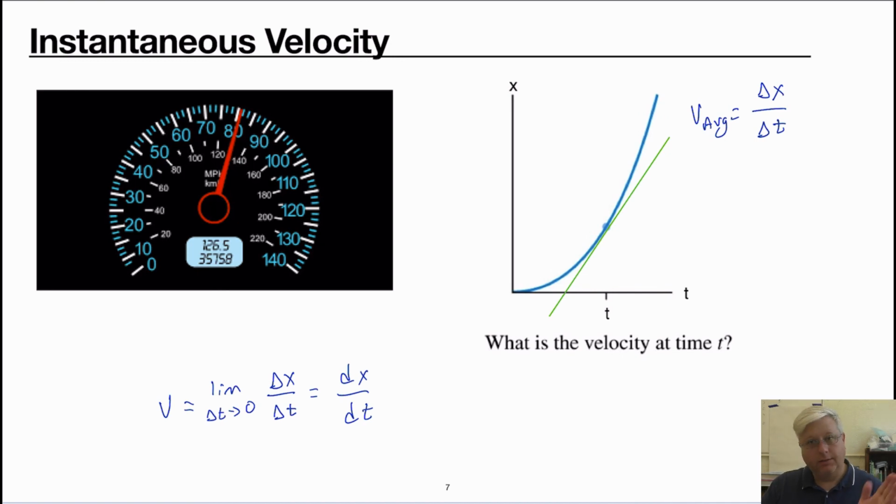Okay, so it's a line that's tangent to the curve at that one point. So the instantaneous velocity at this time t is the slope of that line that's tangent to the point on that graph. So these are probably things that you learned first week in Calculus 1, but here we're just trying to get you to understand this concept of what it is, how it relates to the derivative.